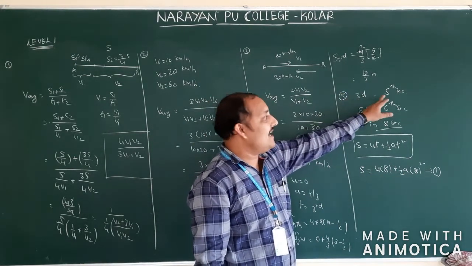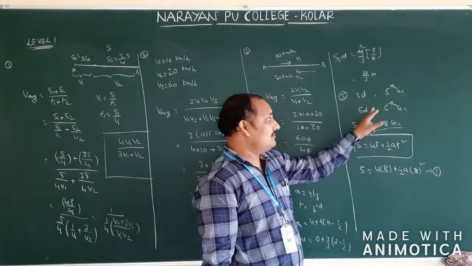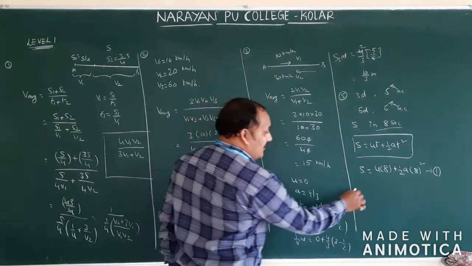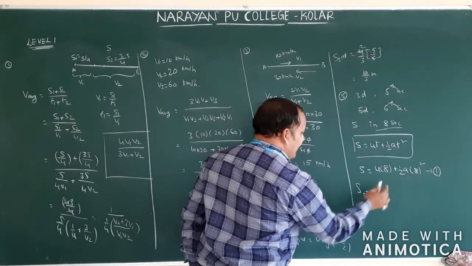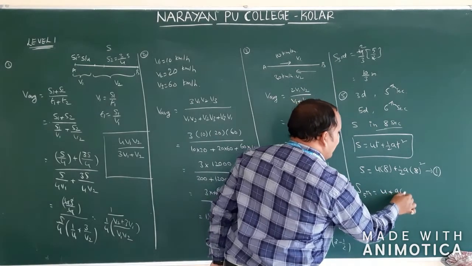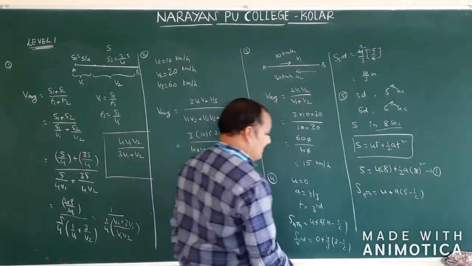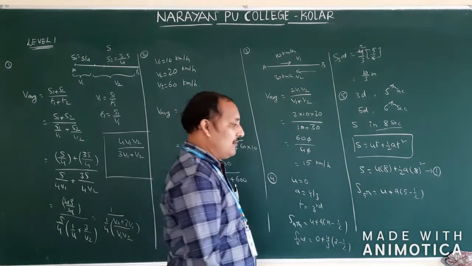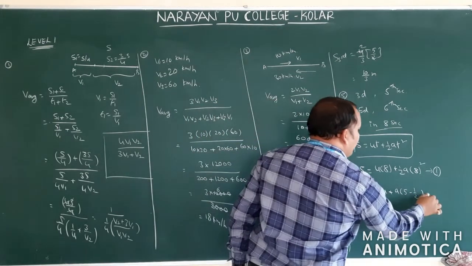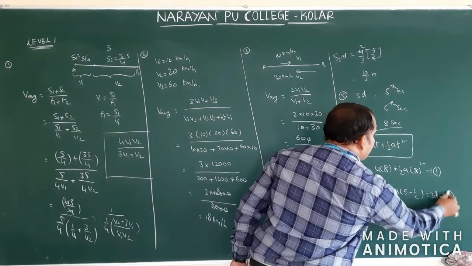3d is the distance in the 5th second. So what is the nth second formula? This formula we are going to use. S the 5th second is equal to u plus a into 5 minus 1 by 2. In place of n, 5 you have to take. This 5th second distance how much they gave? 3d. This is equal to 3d.